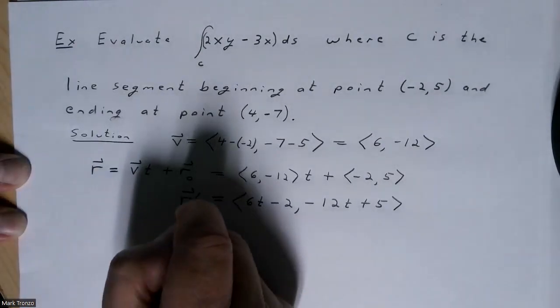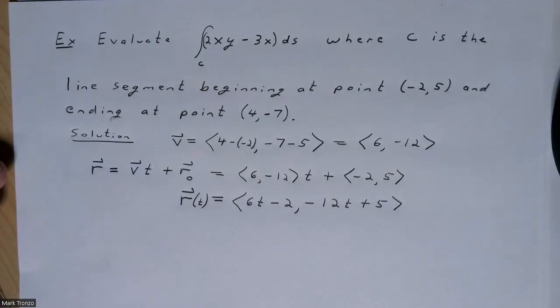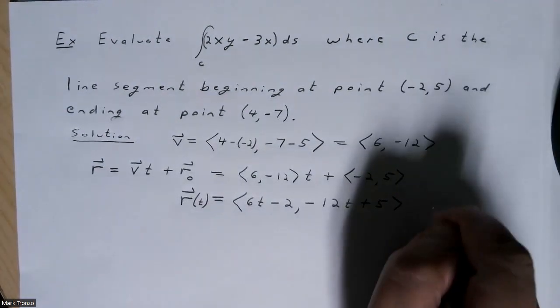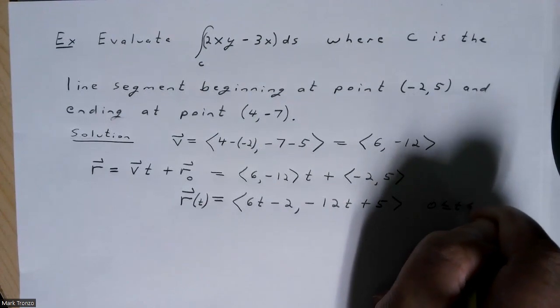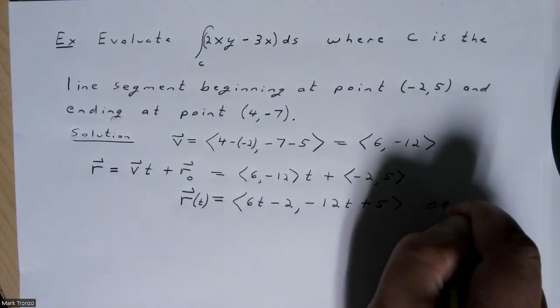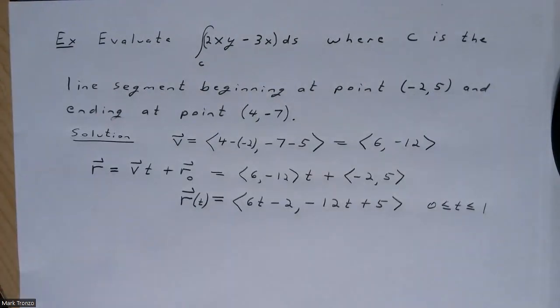And that's going to be our parametric curve, though in this case it's a line segment. And remember, when you use this method, it automatically works out that this parameter t will go from 0 to 1 if you follow this method here in this equation.